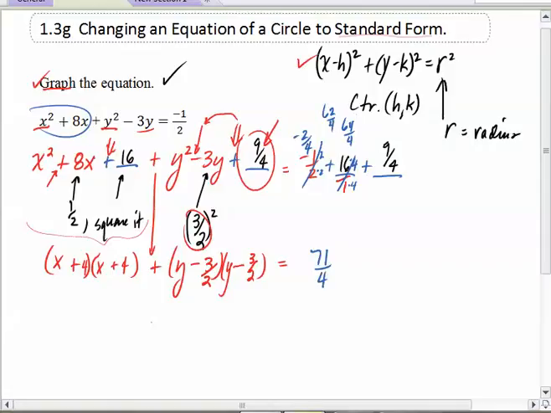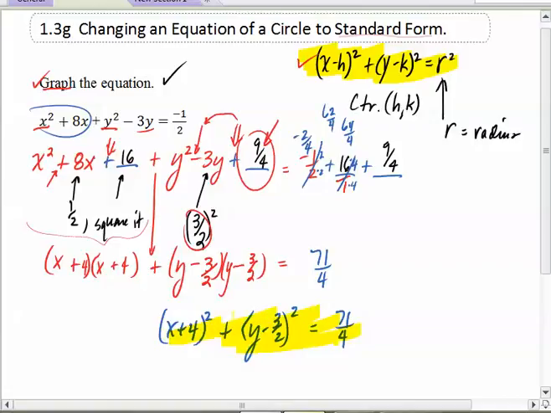All right, now let's go ahead and finish this up. We have x plus 4, we're going to consolidate that with a squared, plus y minus 3/2, consolidate that with a squared, and that's equal to 71/4. Now, if I compare my goal, which was to get it into this form up here, if I compare that with this, isn't it easy to take a look at what the center and the radius are?